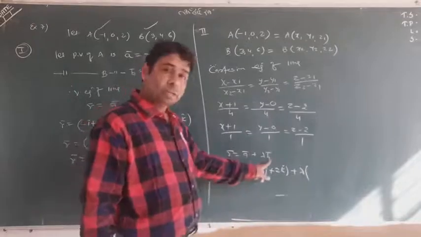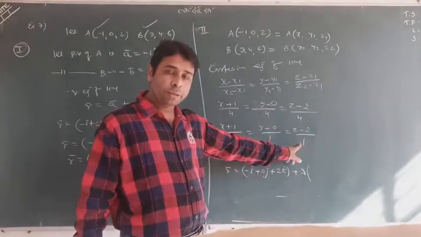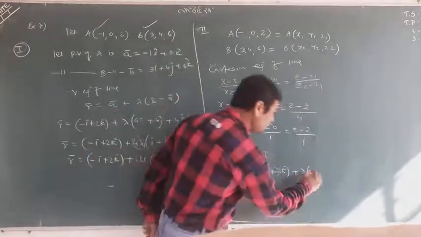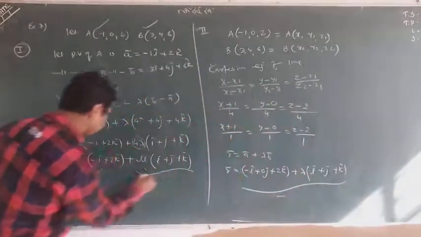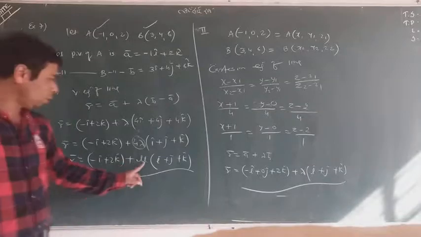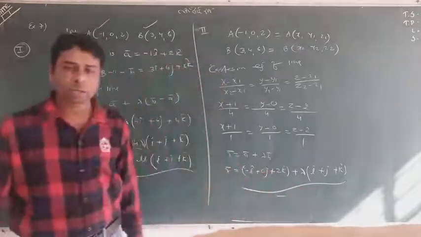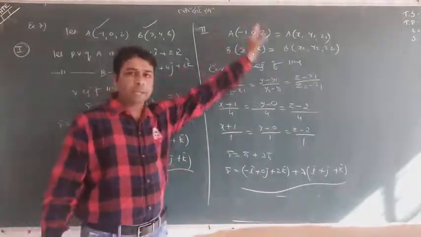And b is the ratio 1, 1, 1, meaning i + j + k. This is the same as before; this is mu and this is lambda, no matter at all. So this is another method.